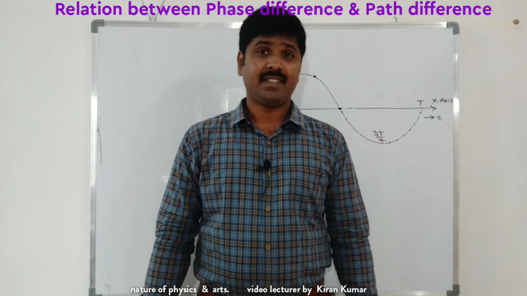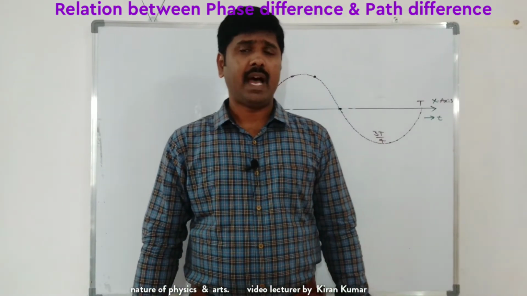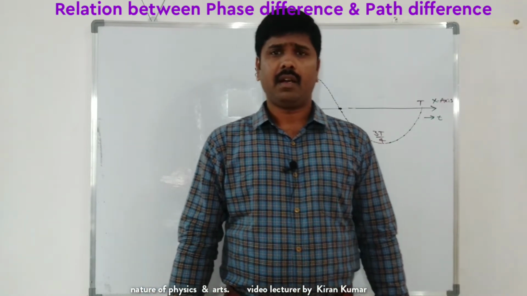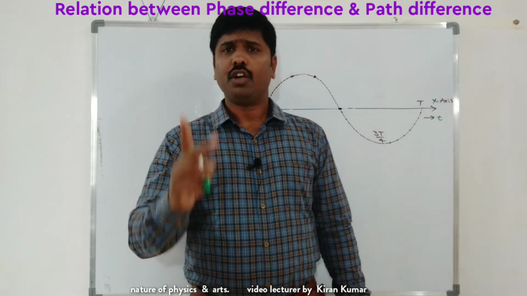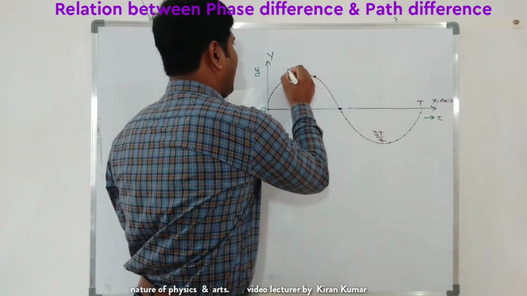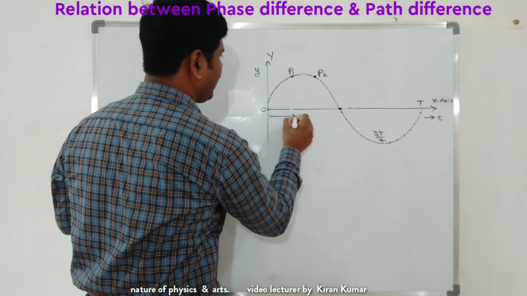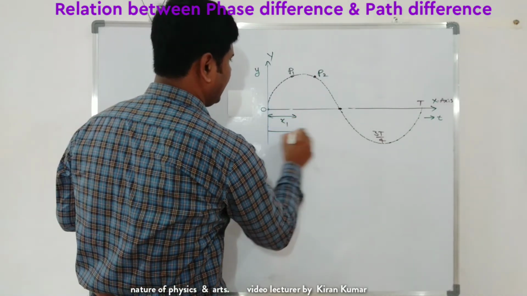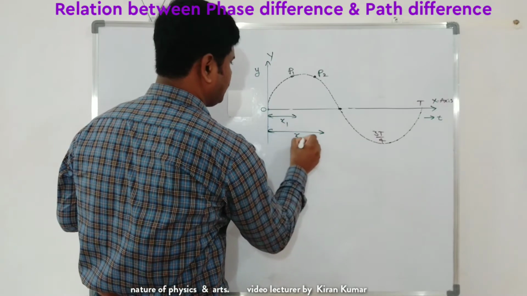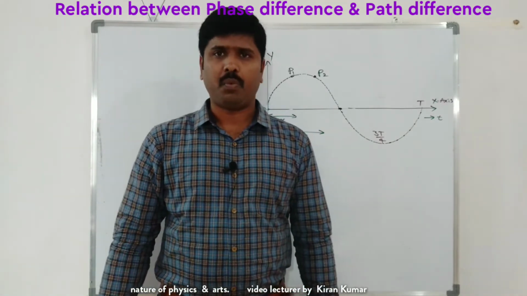Now we will discuss the second relation between the phase difference and path difference. And here we are considering two positions from the origin, P1 and P2, at distances x1 and x2 respectively from the origin O on a wave.